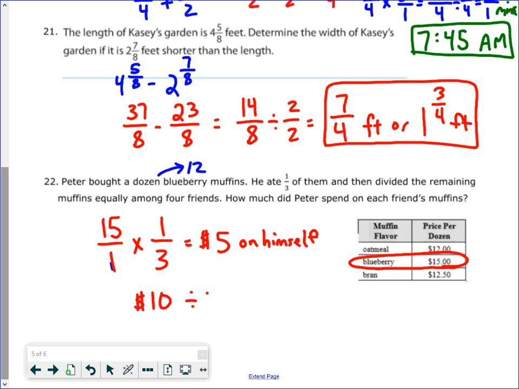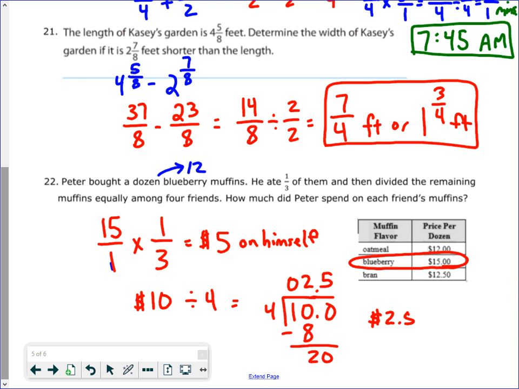So divided by 4 will give me 10 divided by 4, so let's figure that out. $2.50 for each friend.